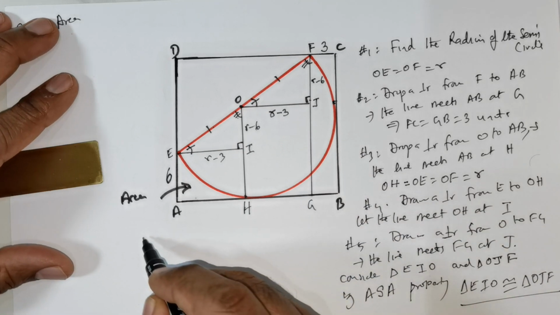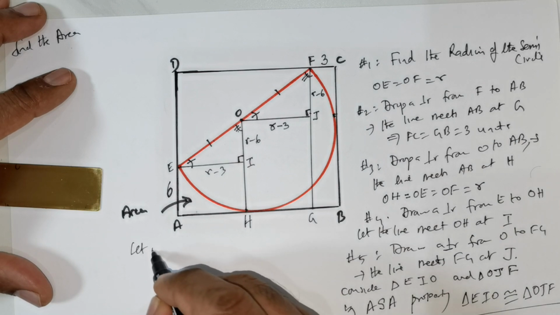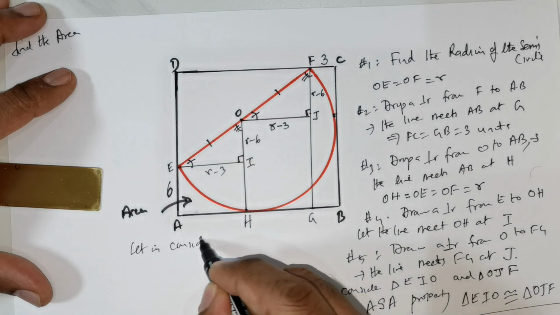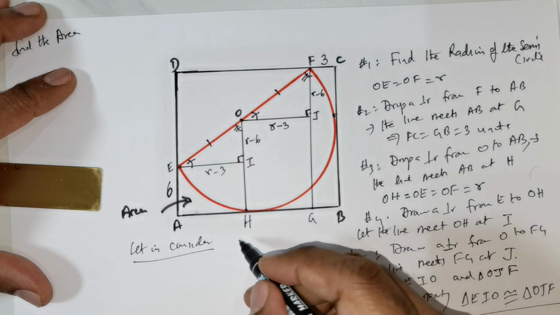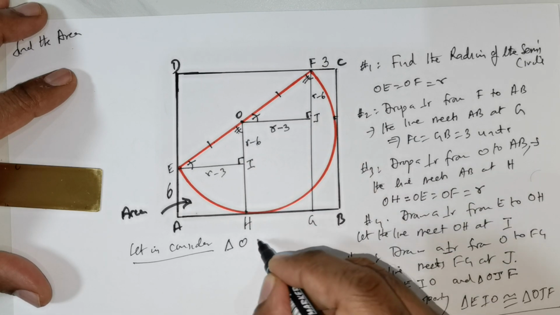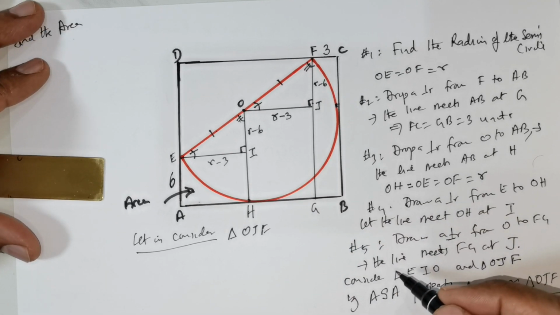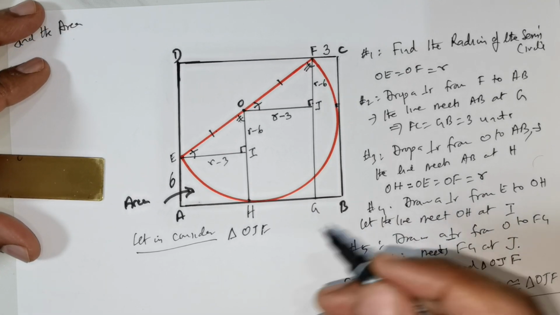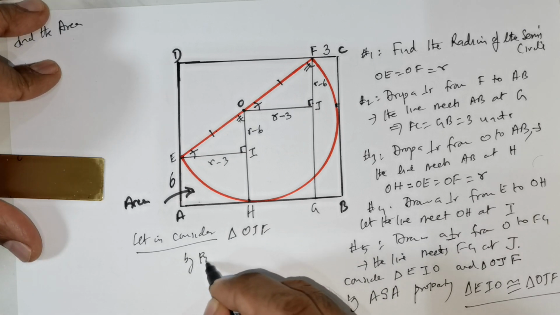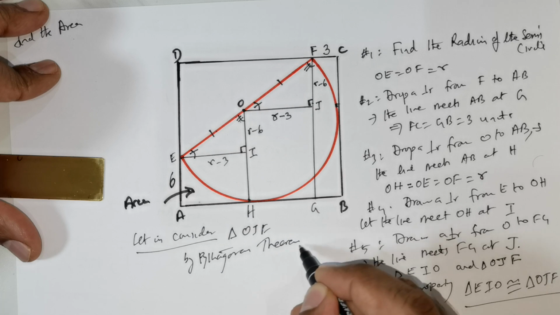Let us consider triangle OJF. Now by Pythagoras theorem, what can we say?